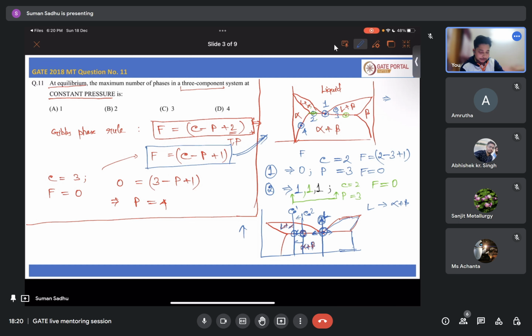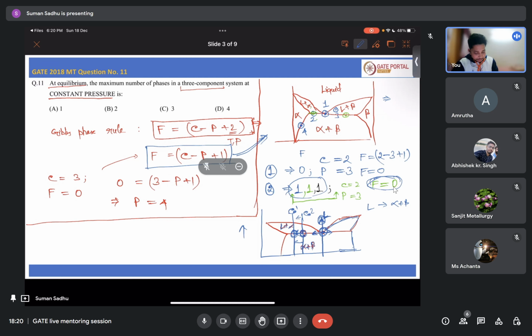That's why people sometimes think that the degree of freedom is 1 for this location, but actually it is 0. If you follow the Gibbs phase rule, then you will get it. So can you give the explanation why it is 0, why it is not 1?